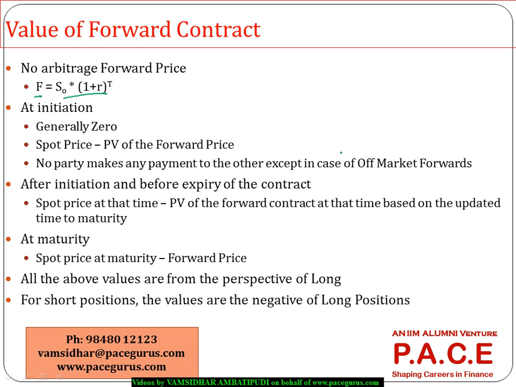And in those kind of contracts we'll see that one party makes a payment to the other party, whereas in all other cases at the initiation we find that the value of the contract is 0, which is nothing but the spot price minus the present value of the forward price. But any time down the lane we talk about the value of the forward as the spot price on that particular day minus the present value of the forward price which has been contracted.